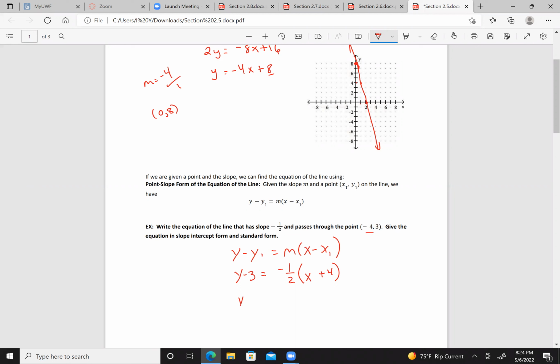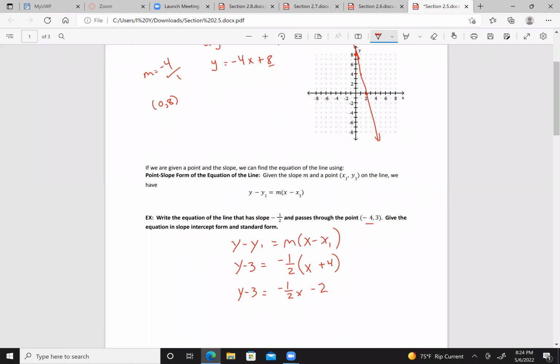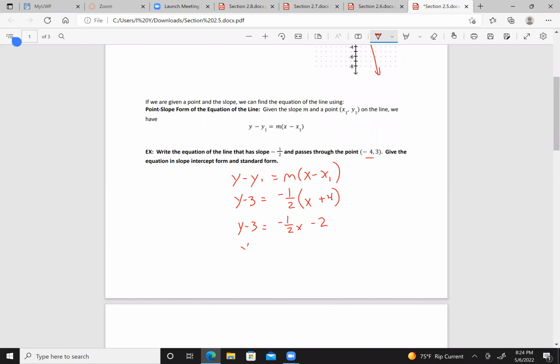So do some distribution here. I get negative 1/2 x minus 2. So that is, well, not quite. Let's add 3 to both sides. y equals negative 1/2 x plus 1. That is my slope-intercept form.